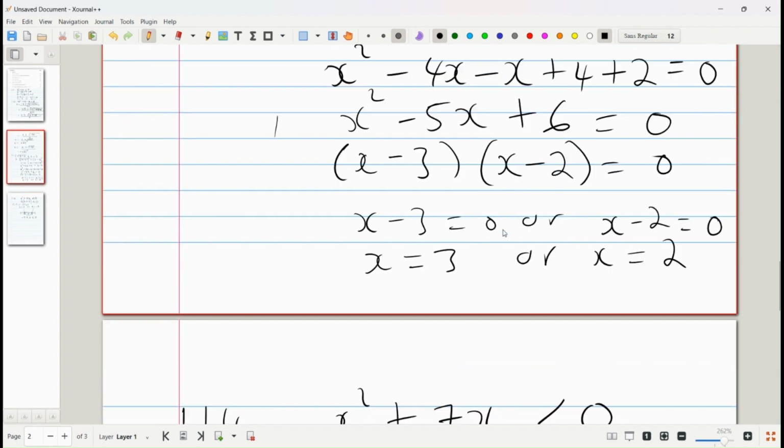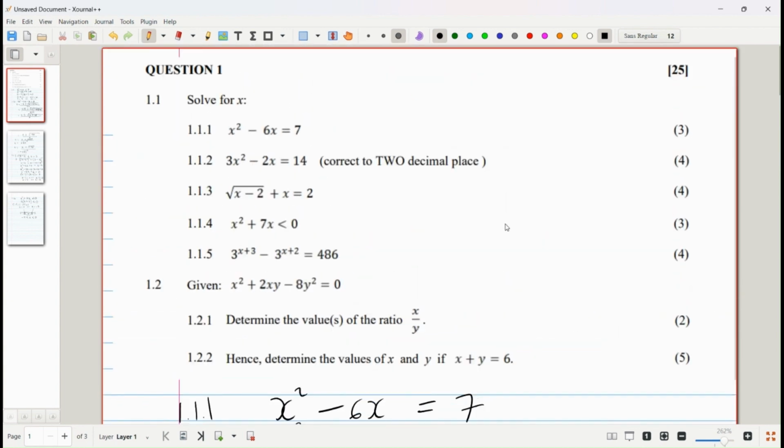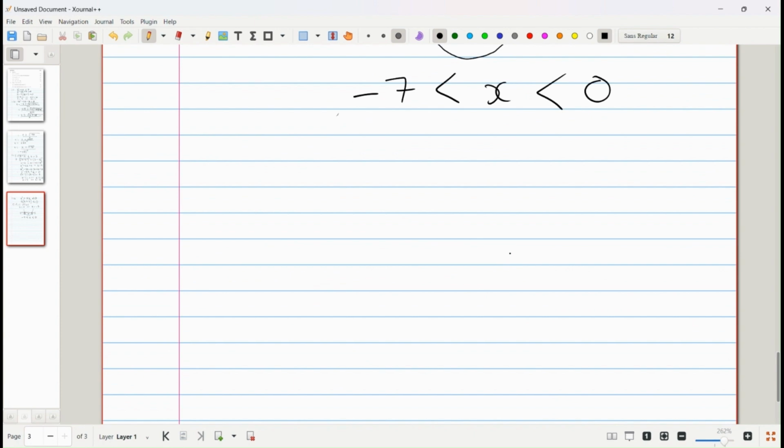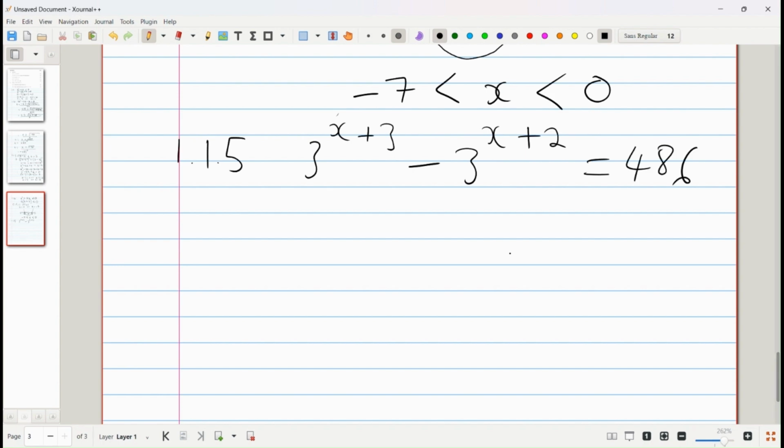So moving forward to 1.1.5. So 1.1.5, we have 3 to the power x plus 3 minus 3 to the power x plus 2 equals to 486.